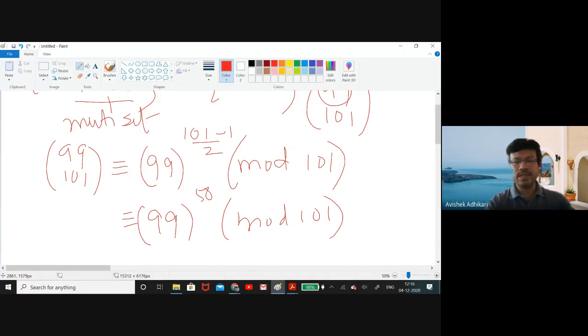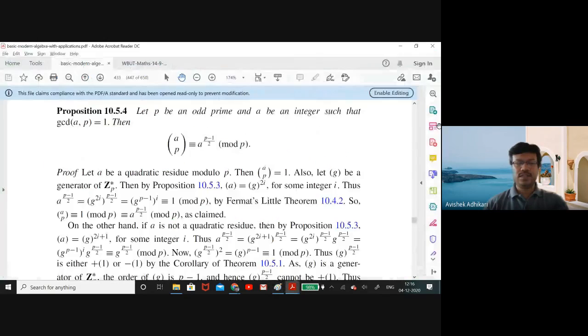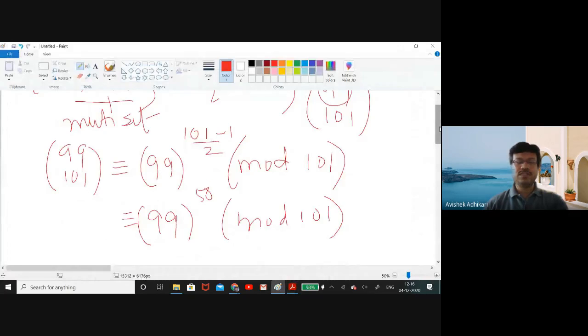Can you very quickly tell me what this value is, whether it is 1 or -1? Anybody? Any quick answer? Suppose I assume that this formula is correct, can you tell me very quickly what its value would be, whether it is a quadratic residue or a quadratic non-residue?